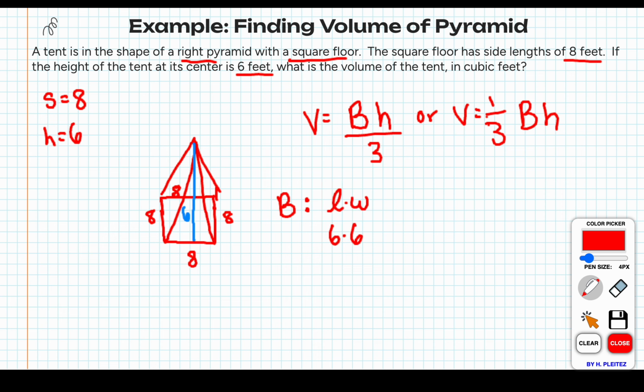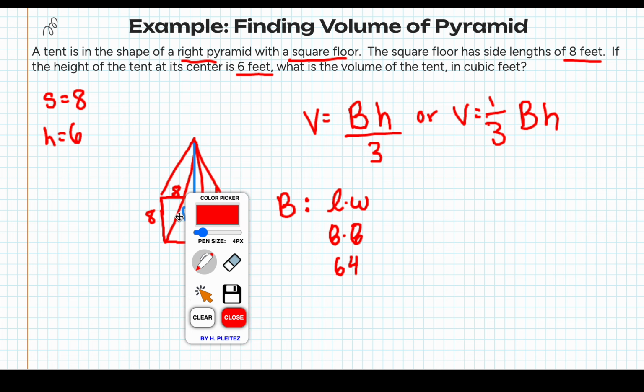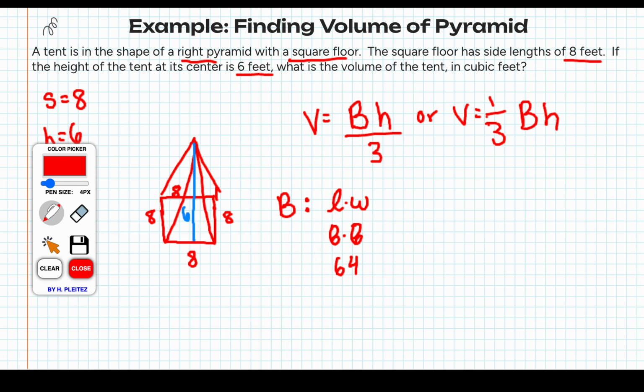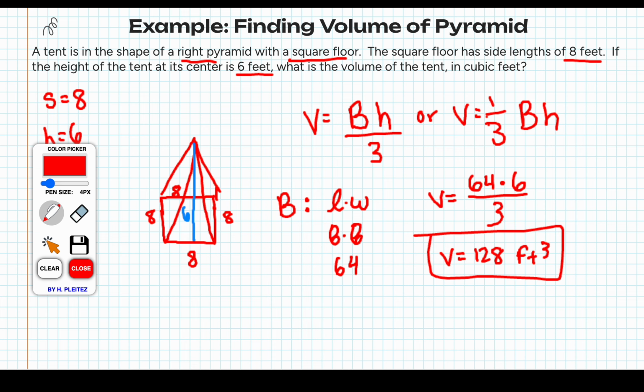So 8 times 8 gives us 64. Our height is 6. So V equals capital B, the area of our base, 64, times our height, 6, divided by 3. When we do that, we get 128, and we get feet cubed for our volume.